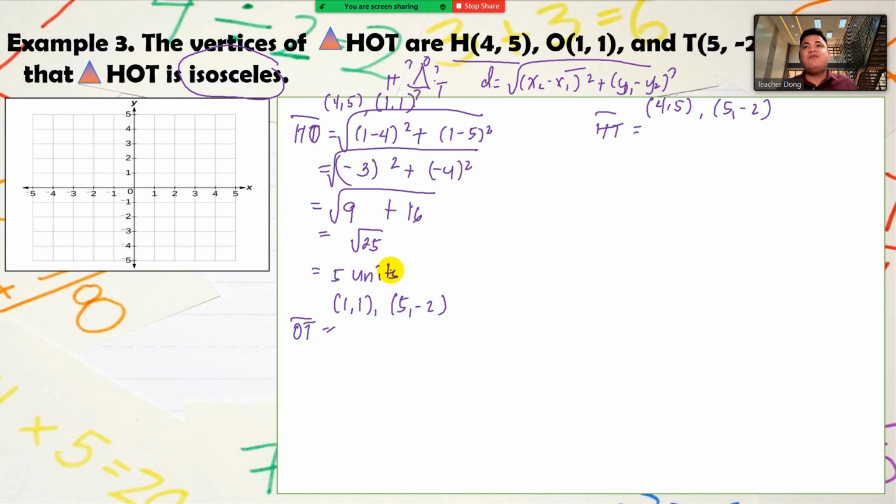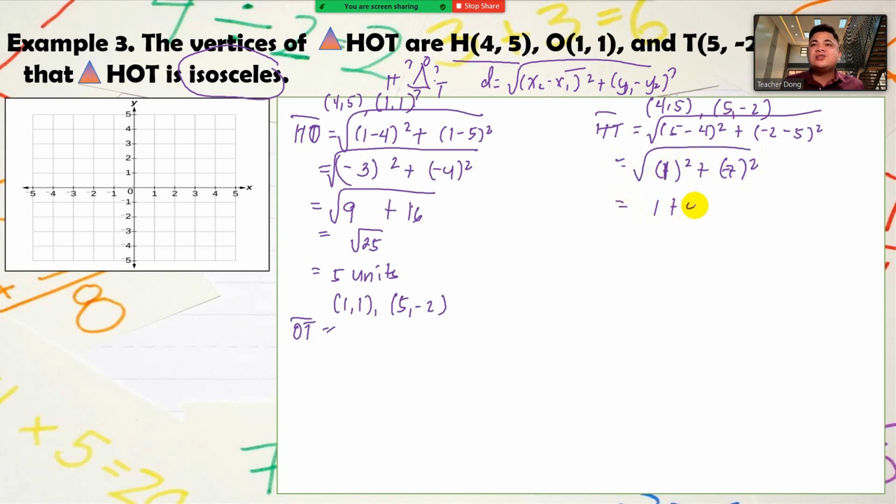Then, the next one is segment HT. Your x sub 2 is 5 minus x sub 1, which is 4, squared, plus negative 2 minus 5, squared. Don't forget to put the square symbol. 5 minus 4 is 1 squared, and negative 2 minus 5 is negative 7 squared. 1 squared is 1 plus 49, since 7 times 7 is 49.